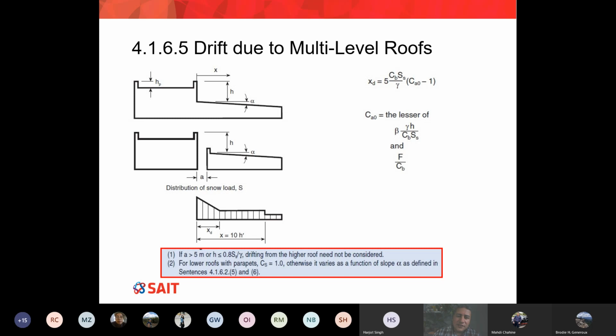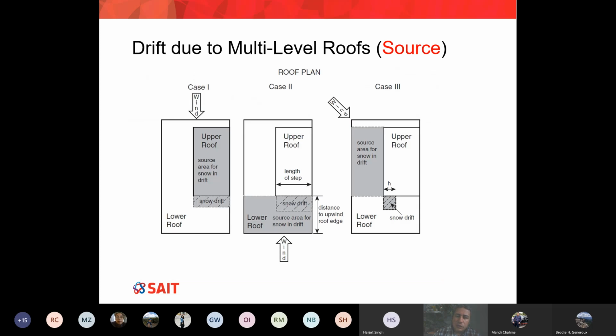Okay. So guys, there's a discussion which is called the source. When the snow accumulates at the lower roof, what is the source of the accumulation? You can see on my screen there are some graphics, cut and pasted from the Alberta Building Code, and this shows you the different sources of accumulation.